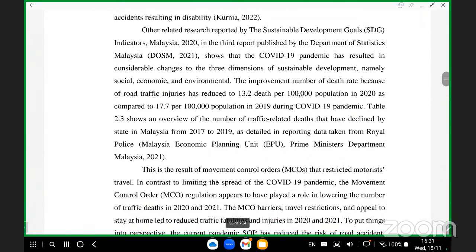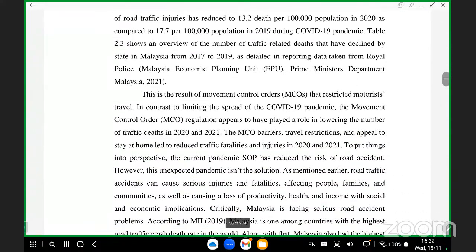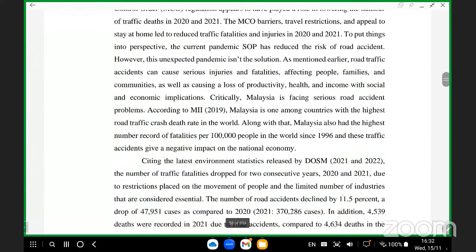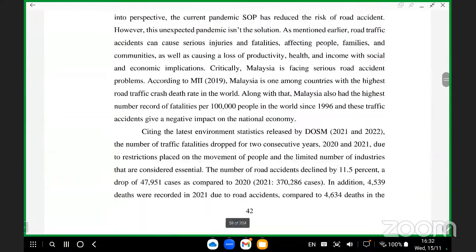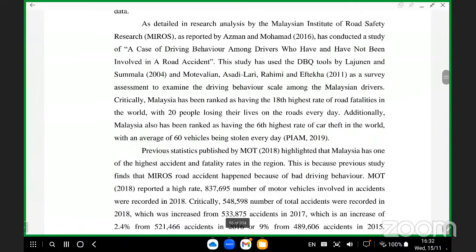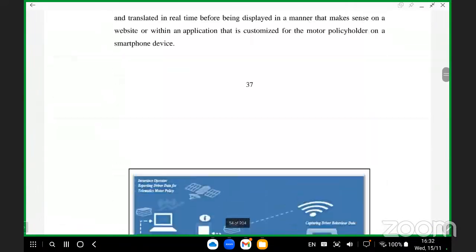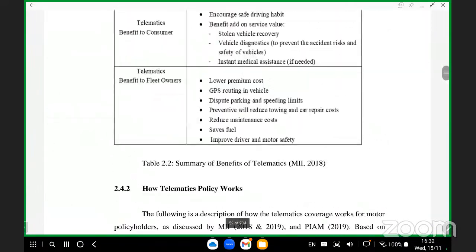Kalau nampaknya di sini, students, nampak tak bagaimana dia cited itu? Sekejap sebentar, saya pergi kepada depan. Dapat tu. Yang nampak lebih jelas.